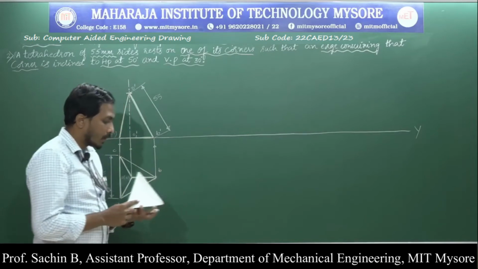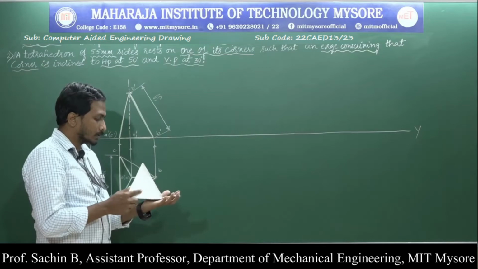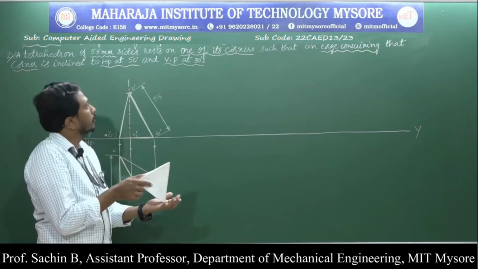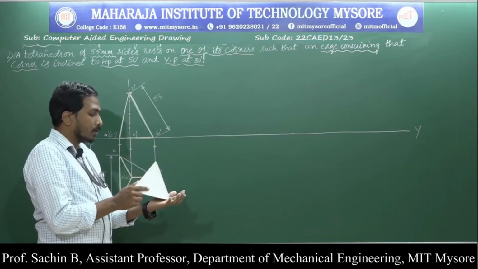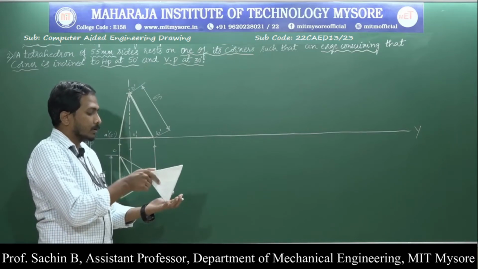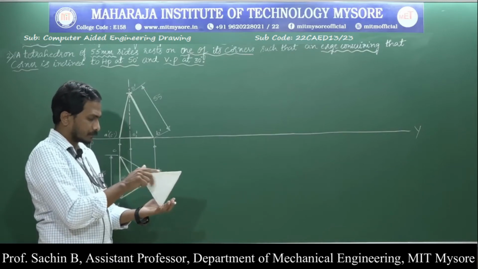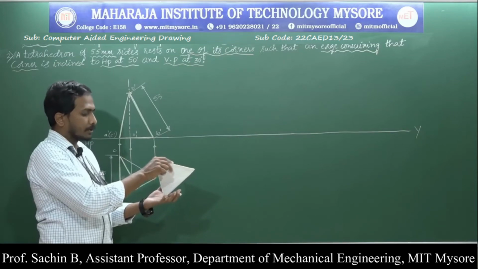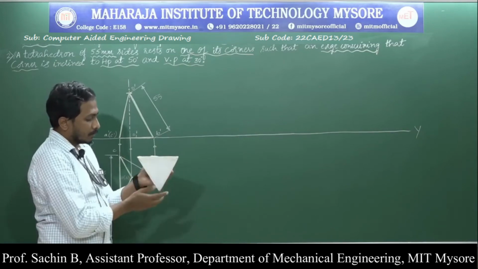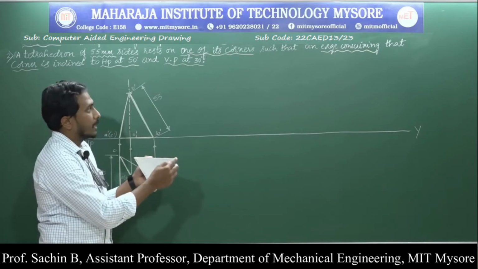Now this is the corner that I am going to call point B. This corner should be inclined at an angle of 50 degrees to the horizontal plane. So I rotate this corner to an angle of 50 degrees according to the question, because for this B corner, this is the connecting edge to the axis.